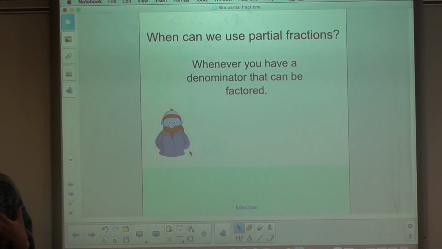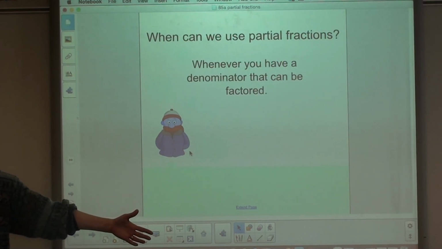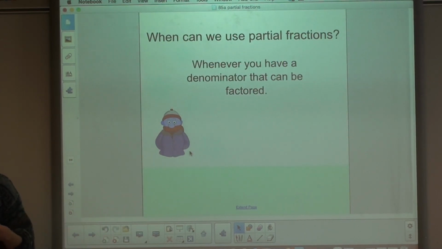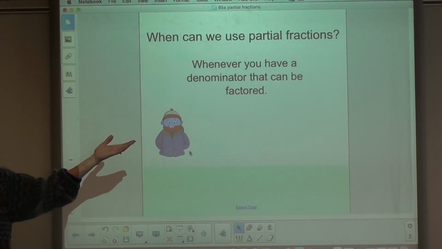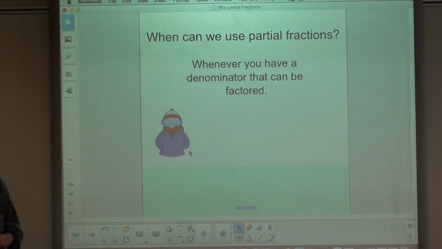But if you have 1 over a quadratic and it factors nicely and there's no other simple way, partial fractions is a nice way to approach the problem, because it breaks it up. You can use it anytime you have a denominator that can be factored. That doesn't mean you should, but a lot of times it makes the problem nicer.